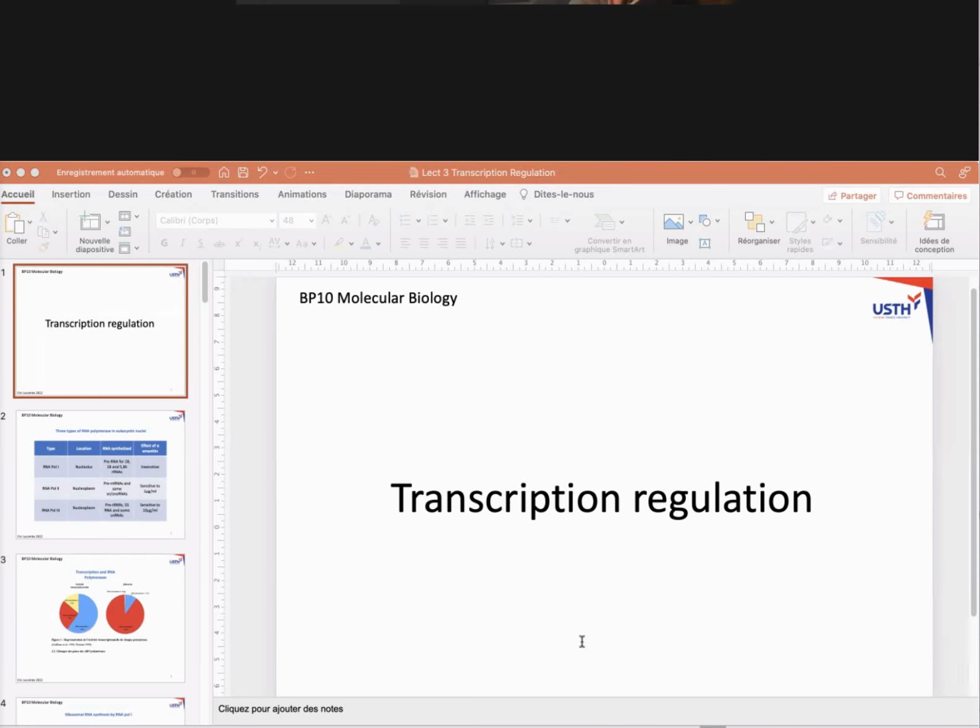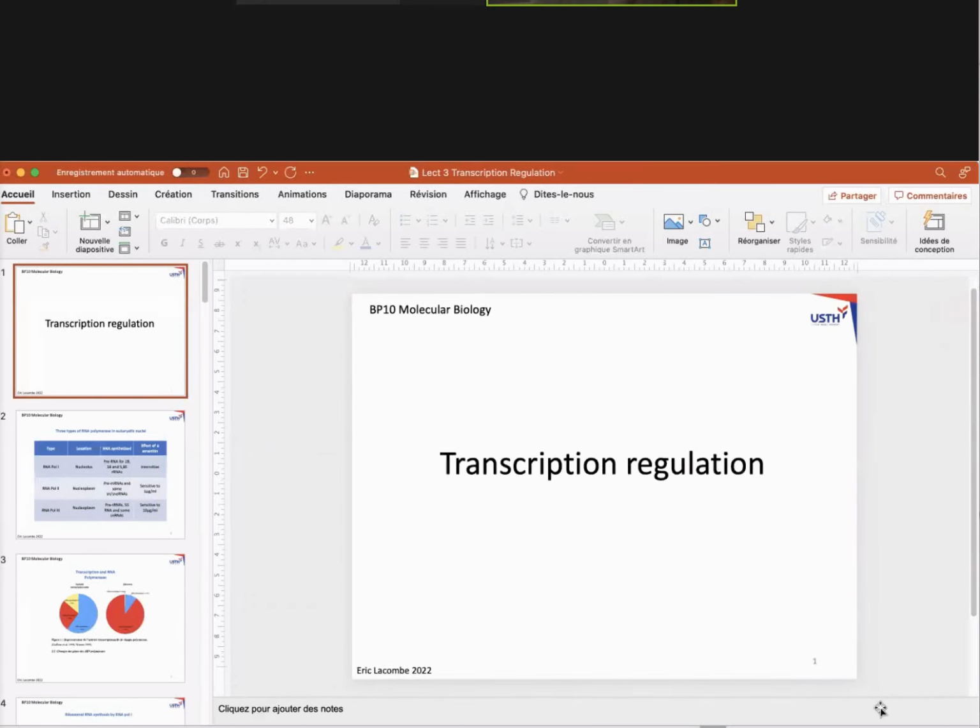But just to be clear about this figure plus this one. Wait, I can't see the slide. I saw the slide for lecture 3, but I'm not seeing the one for lecture 2. You don't see. Okay. Sorry, it's complicated with Zoom when you open two different windows. Hold on one second.